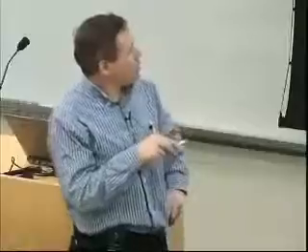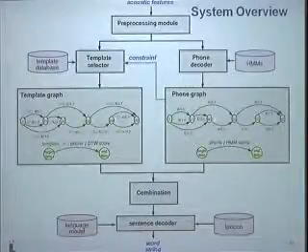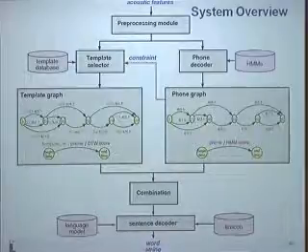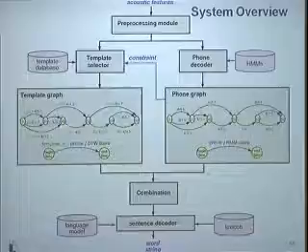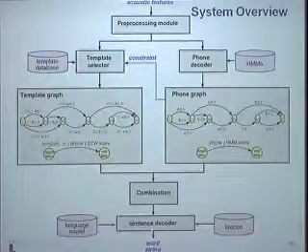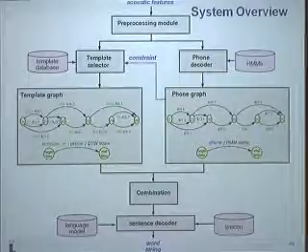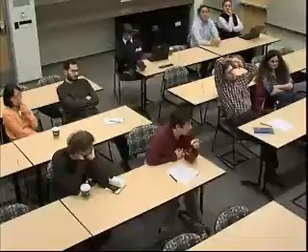And then we're going to rescore this template graph. So from a phone graph, we make a template graph. Then we do a decoding on this, and we might again recombine these things at the end. The template graph is generated from the phone graph.